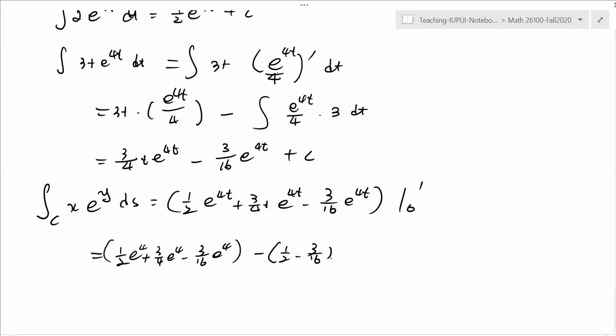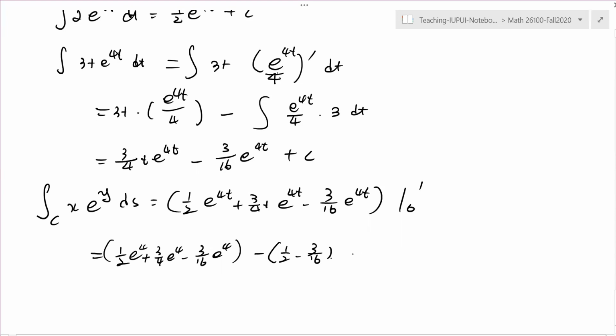Well, how do I simplify it? I need to do a little calculation here. So 1/2 is 8 over 16, minus 12, plus 12, minus 3. So 20 minus 3 is 17 over 16.